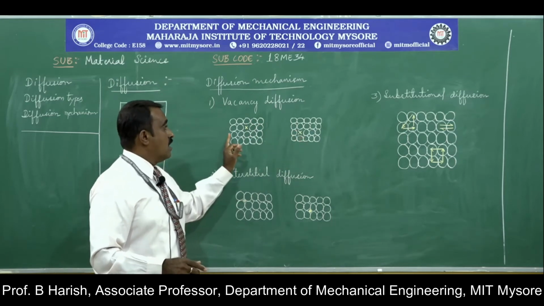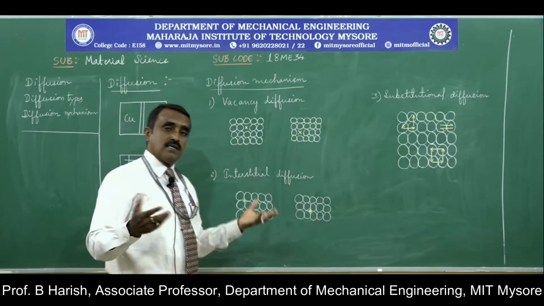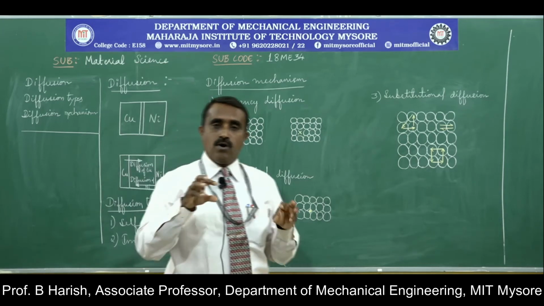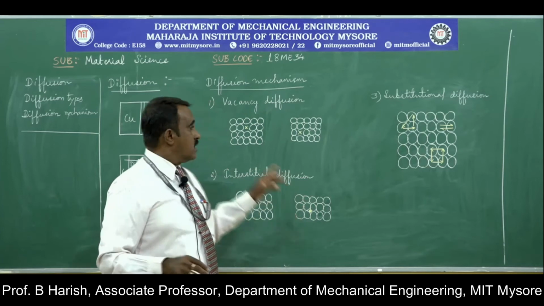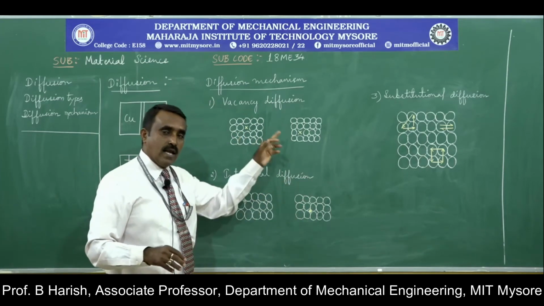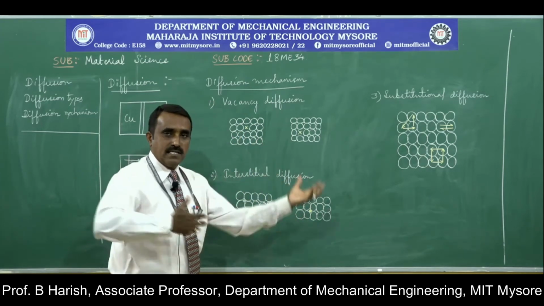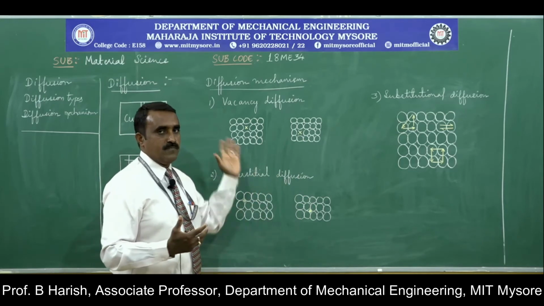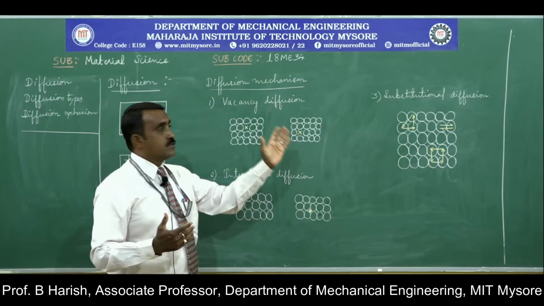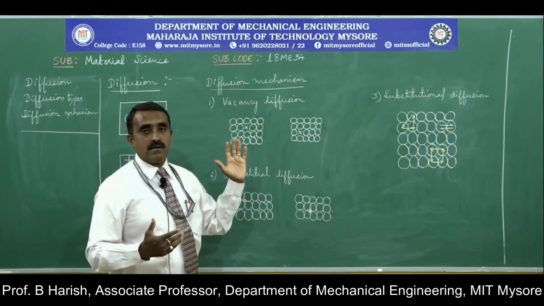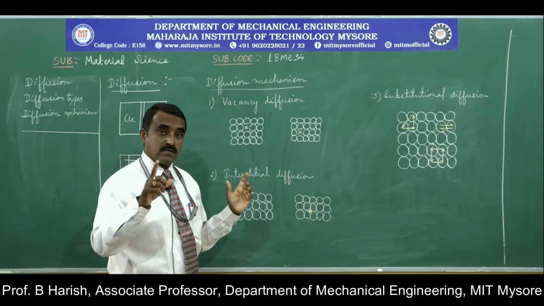Now, we already saw that in case of vacancy you can have one atom or two atoms, three atoms. Here just an example showing one atom, but we can have two atoms interchanging their positions. That is nothing but vacancy diffusion, the diffusion mechanism that takes place due to the presence of vacancy.